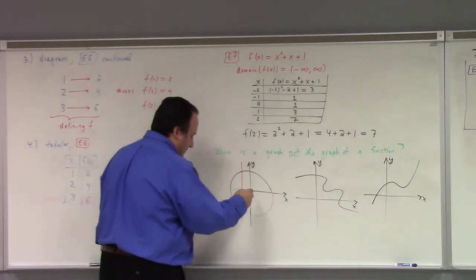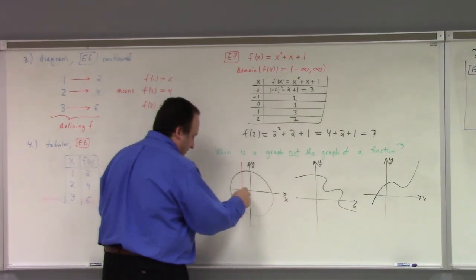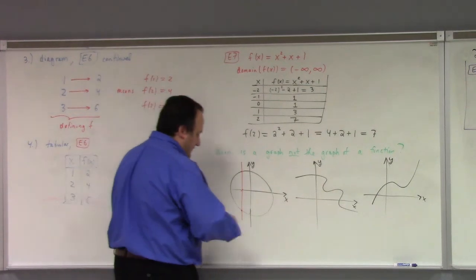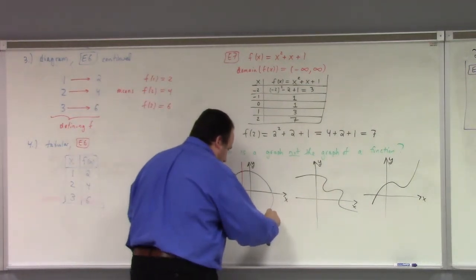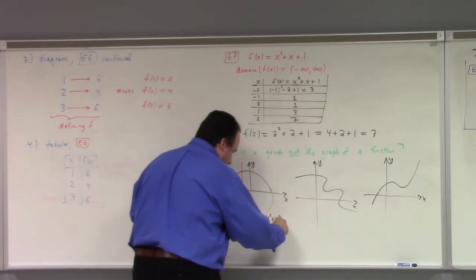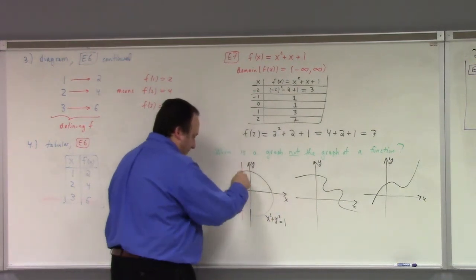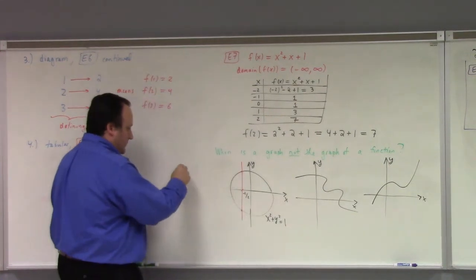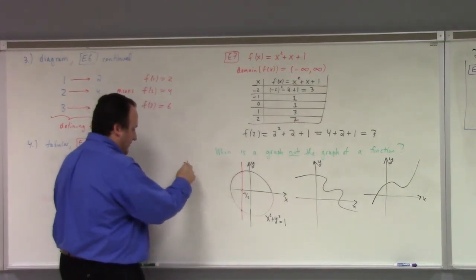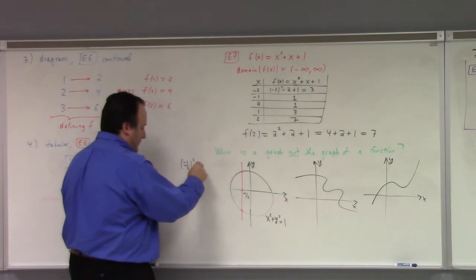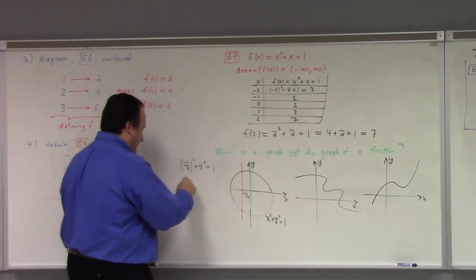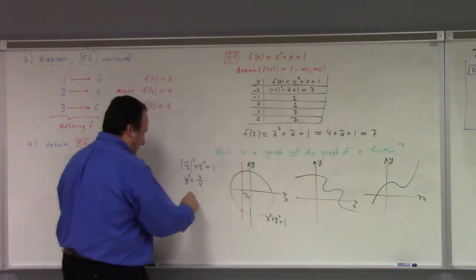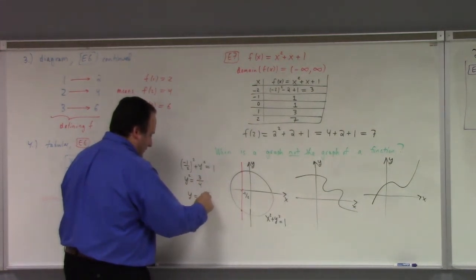Because if we look at this point, this is the circle, so I could give you an equation for it, x squared plus y squared equals 1, for instance. And if we're at -1/2 here, then what are the y values? We'd have (-1/2) squared plus y squared equals 1, which would give me y squared is 3/4. So y would be plus or minus the square root of 3 over 2.